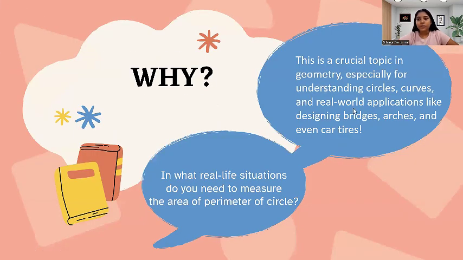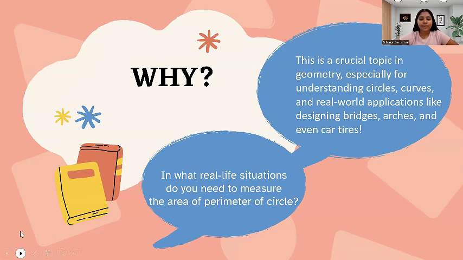This is a crucial topic in geometry, especially in understanding circles, curves, and also in real-world applications such as bridges, arches, and also if you cut a round cake, the pieces are sectors of a circle, and the pizza slices are also sectors of a circle.